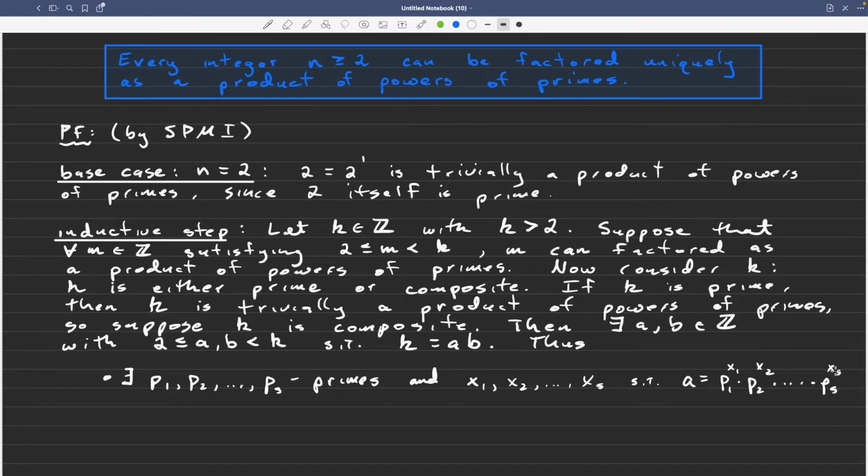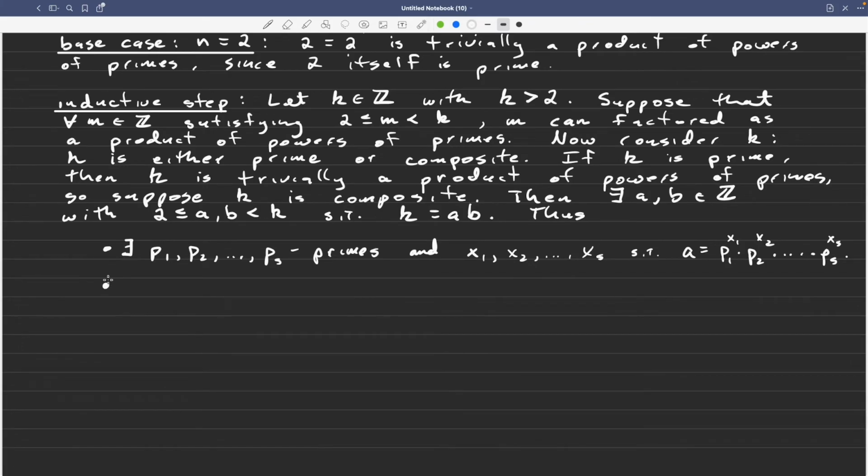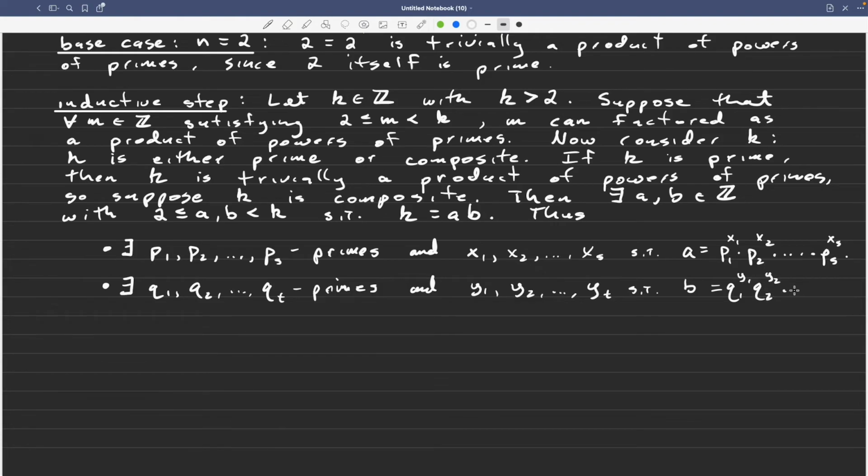ps to the xs. And also, we know the same thing for b because it's in that interval, so we know there exist some primes, let's say q1, q2, all the way up to qt, and some exponents to go with those, so let's say y1, y2, all the way up to yt, such that b is equal to q1 to the y1, q2 to the y2, all the way up to qt to the yt.